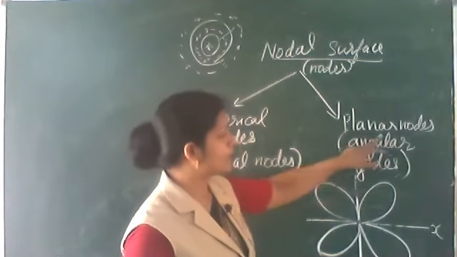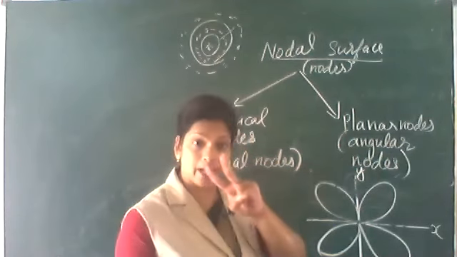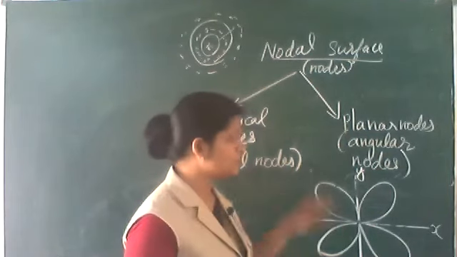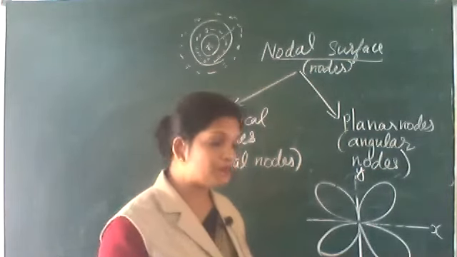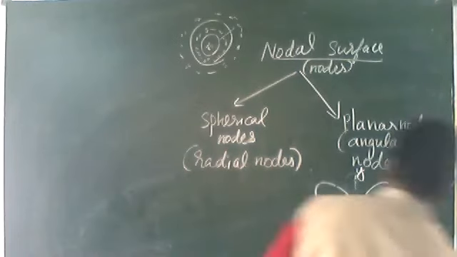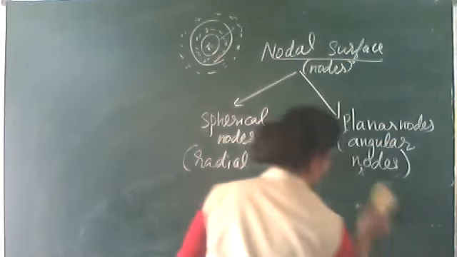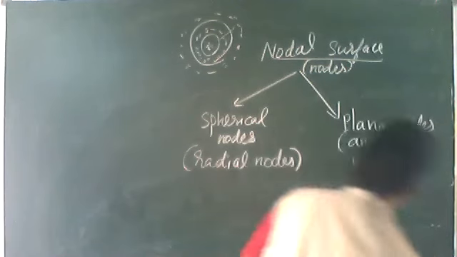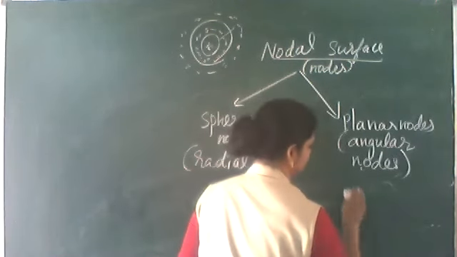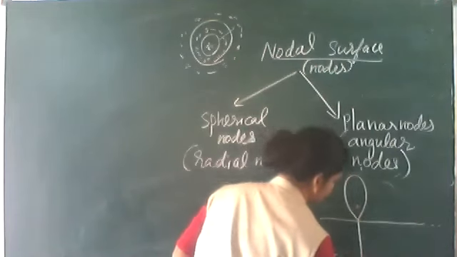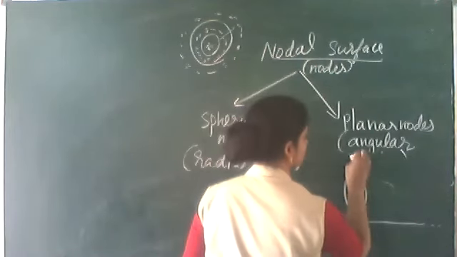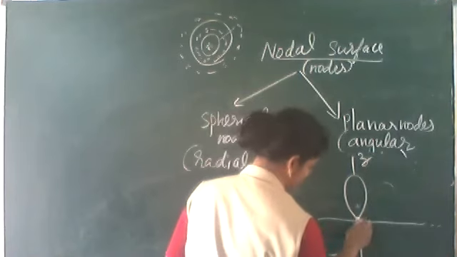So two planar nodes, or two angular nodes, are there in the case of dxy, dyz, dxz. But in the case of dz square, there are no planar nodes due to its shape. This is the z axis.